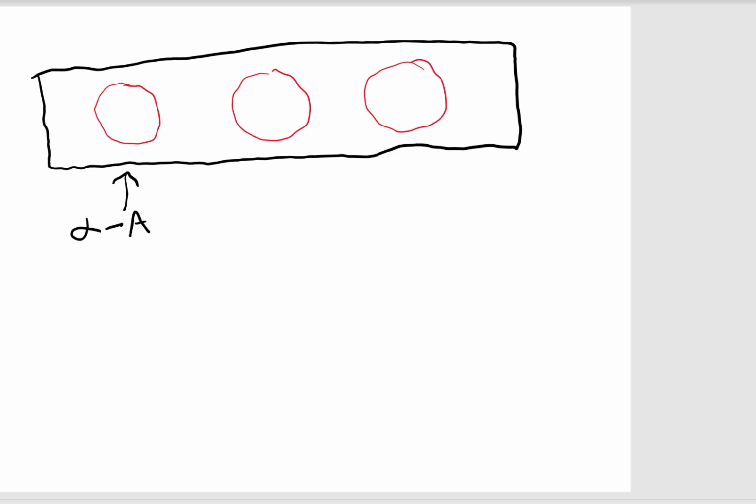You put 3 drops of blood. And to the first one, you always add anti-A. To the second one, you always add anti-B. And to the last one, it's anti-RH.